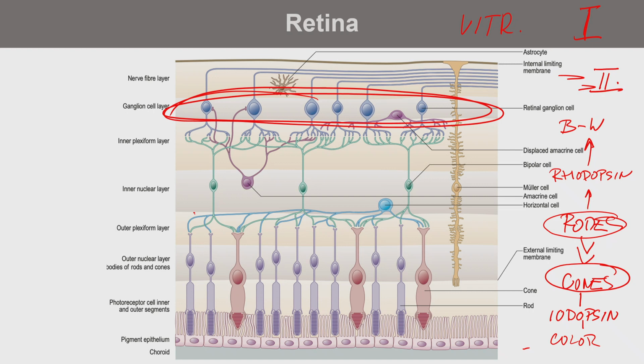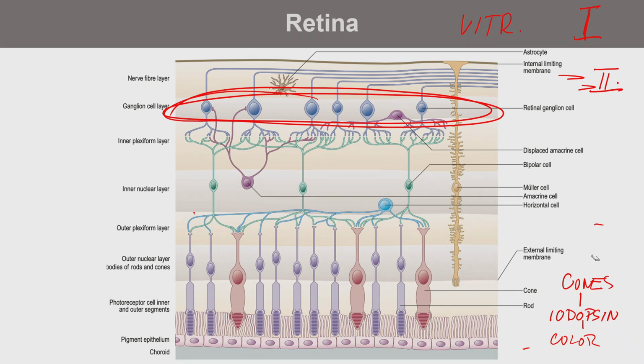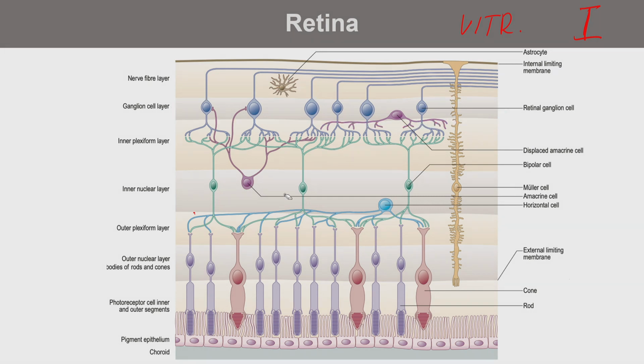Also probably you remember that the retina is a part of the central nervous system, not peripheral. So please remember that we have rods and cones, and there we have several layers. Those layers are named according to the function.